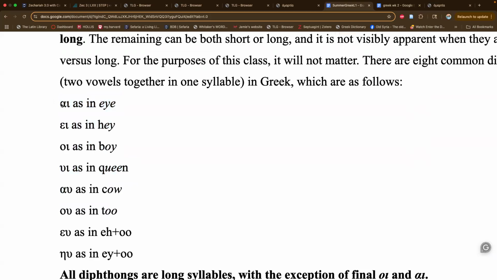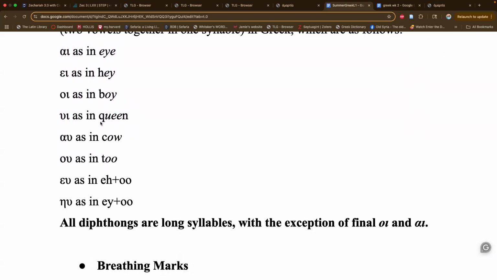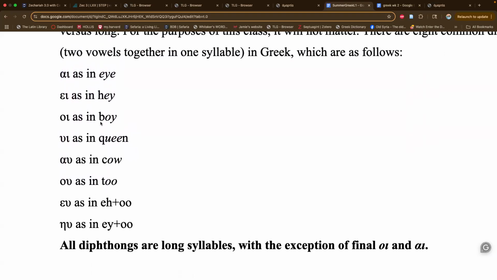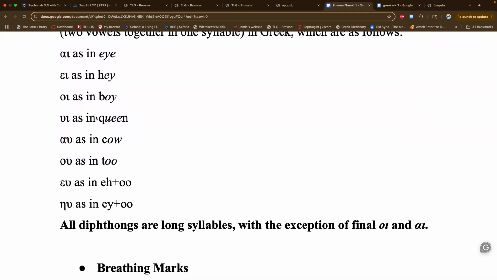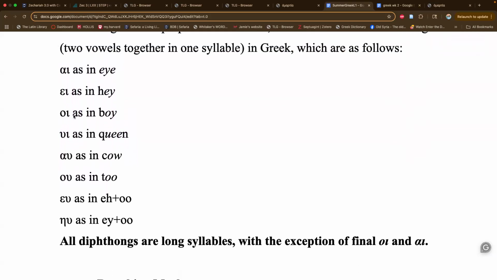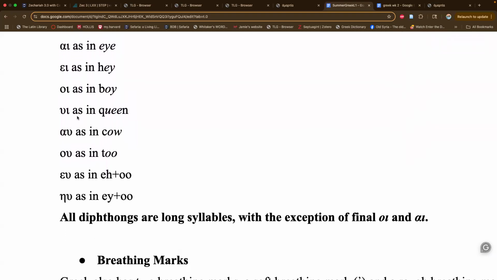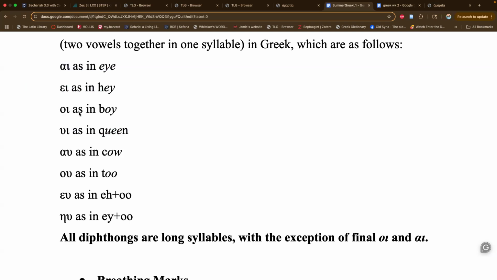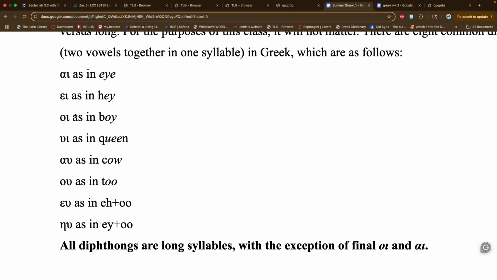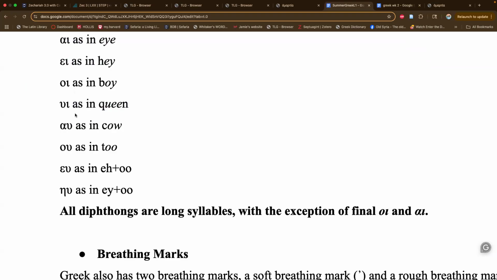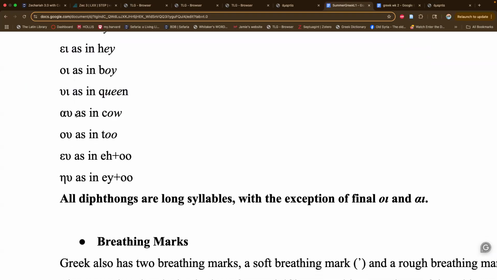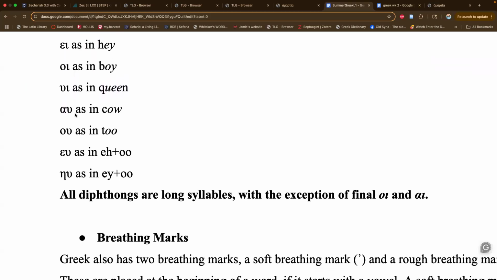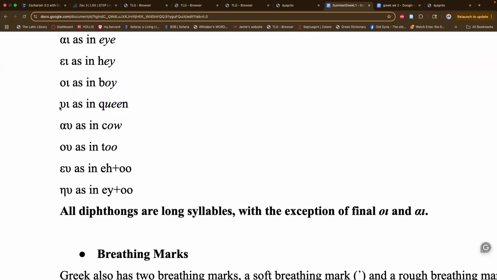The first one is alpha plus iota, which is pronounced I. Then epsilon iota is A. Omicron and iota is oi. A lot of these will be intuitive because they're the same noises that we would make in English a lot of the time. Sorry, I skipped one.